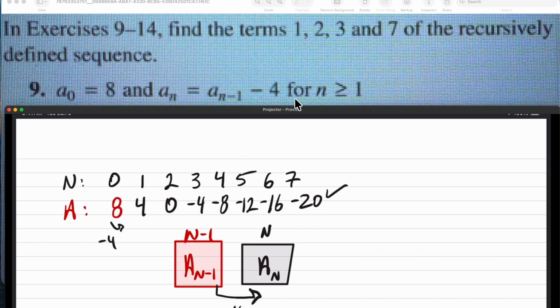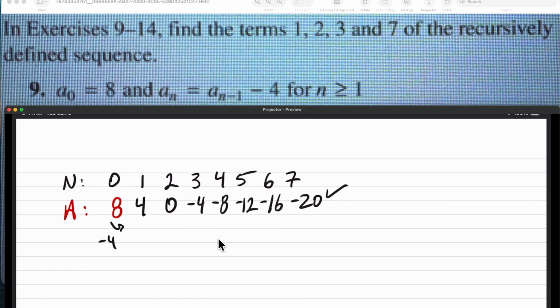Okay, let's see if the recursive formula works. Let's pick a random value here. Let's pick a sub 5. Now, does a sub 5 equal a sub 4 minus 4? So here we have a sub 5 is negative 12.